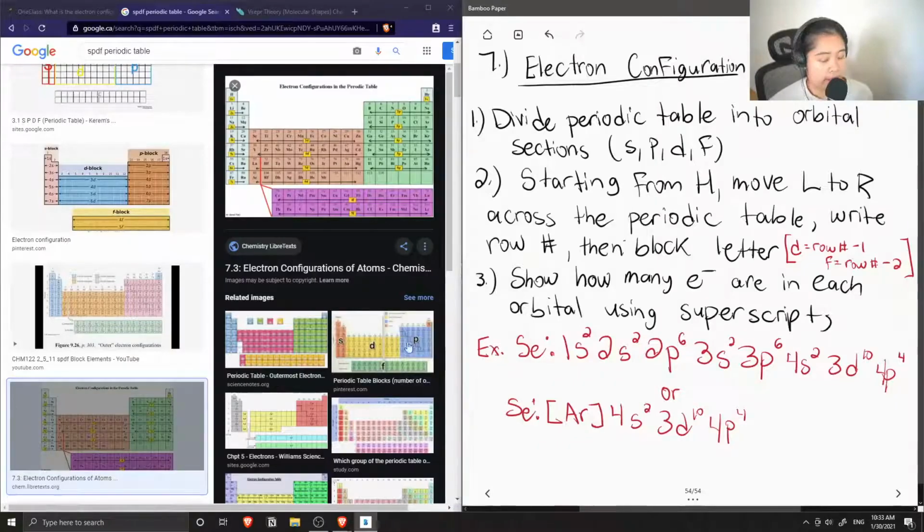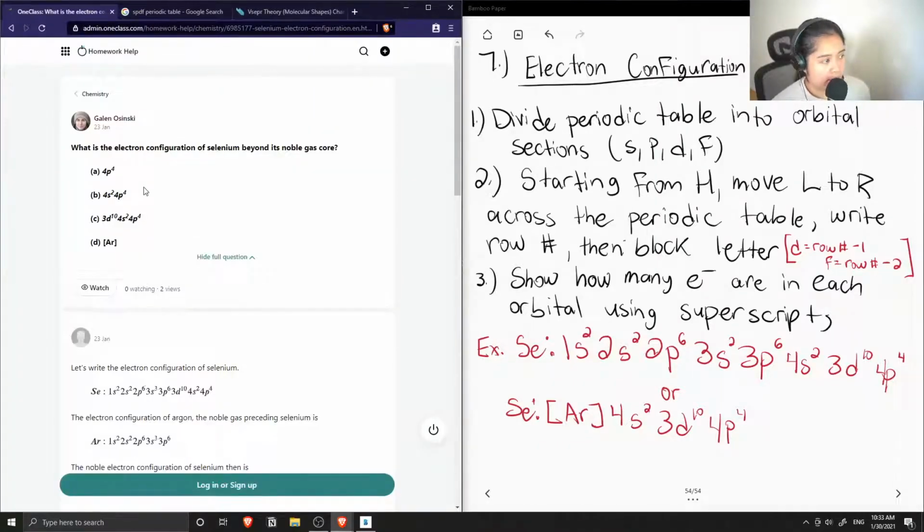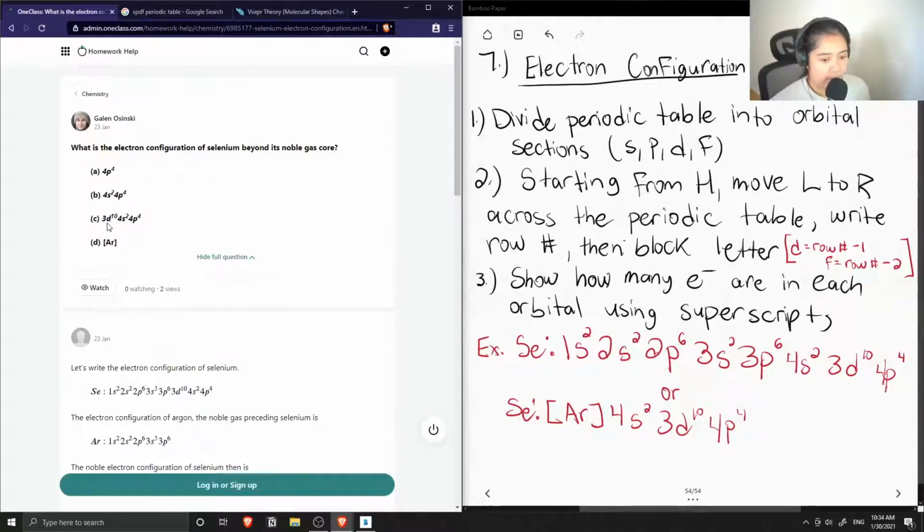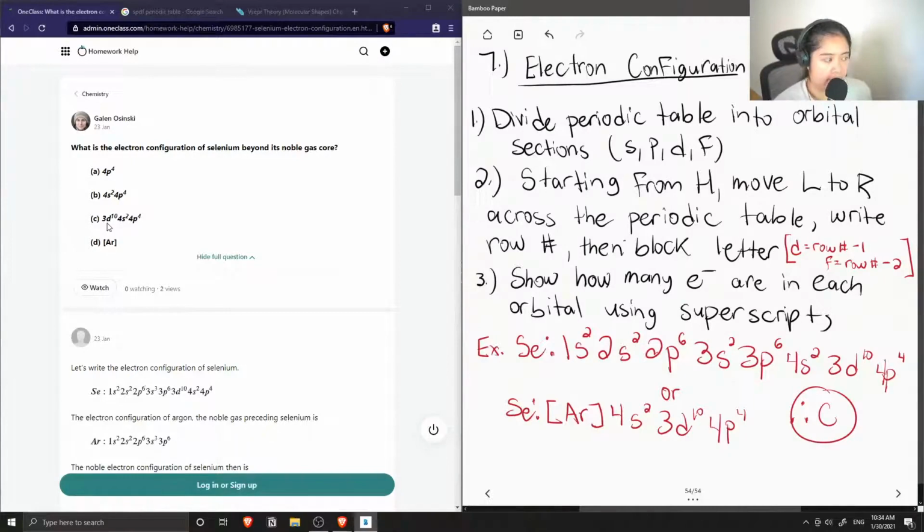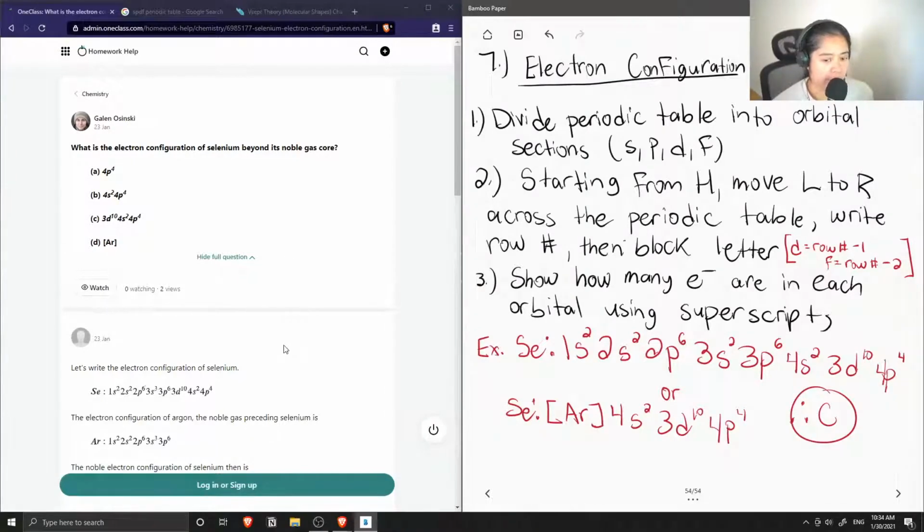Now if we look at what the question asks, the electron configuration beyond its noble gas core, you can see that it is option C. Sometimes you can write the d orbital before the s orbital, like they did in the question: 3d10, then 4s2, and then 4p4. This is because for some transition metals, the d orbital is lower in energy than the 4s orbital.